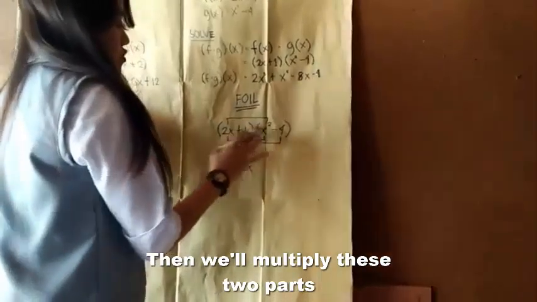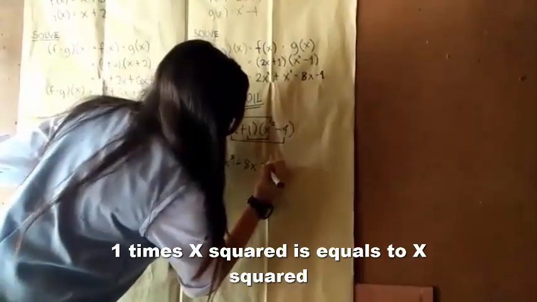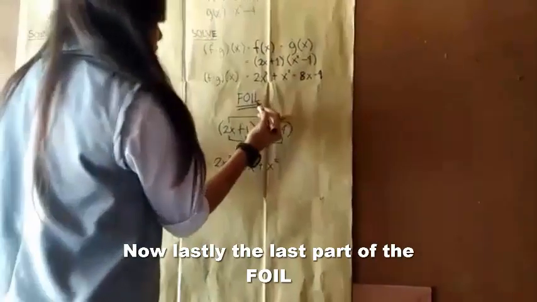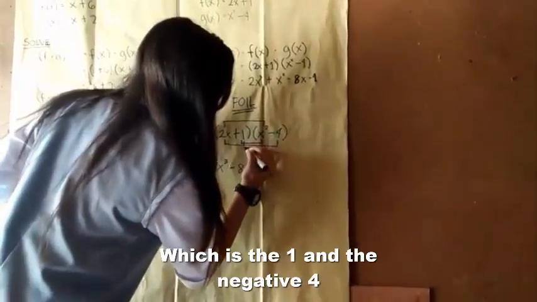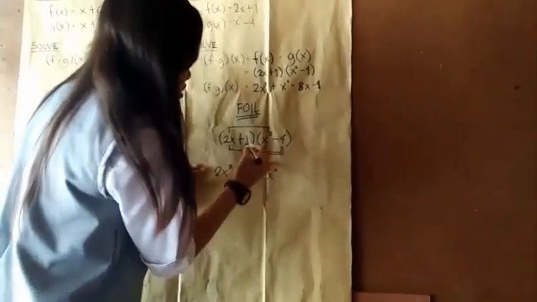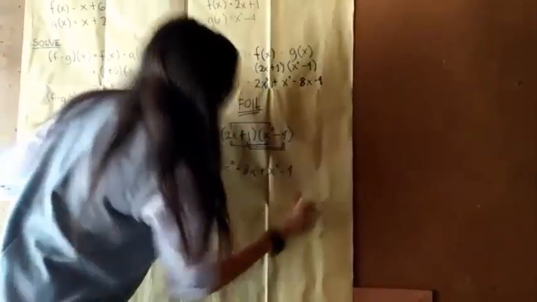We multiply these two values: 1 times x squared is equal to x squared. Lastly, the last part of the FOIL, which is the 1 and the negative 4. Let's multiply these two, and the answer is negative 4.